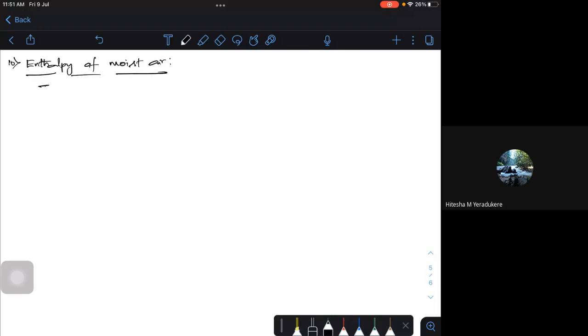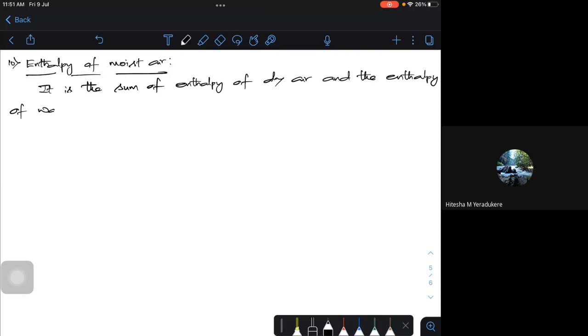It is the sum of enthalpy of dry air and the enthalpy of water vapor, the enthalpy of water vapor which is associated with the dry air.